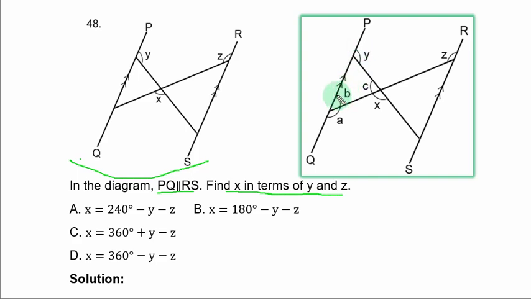Now if you can get this angle and this angle, if we add the two, we can equate to y. Then from there we can express x in terms of y and z. Already you see that x plus this angle is equal to 180, sum of angles on a straight line, so let's take it from there.